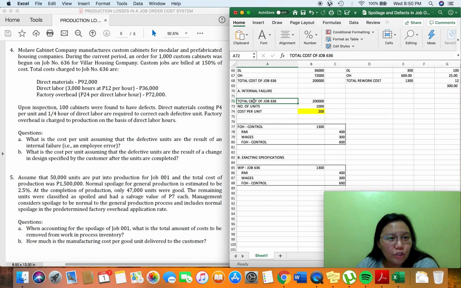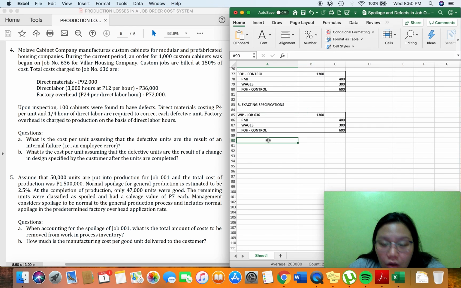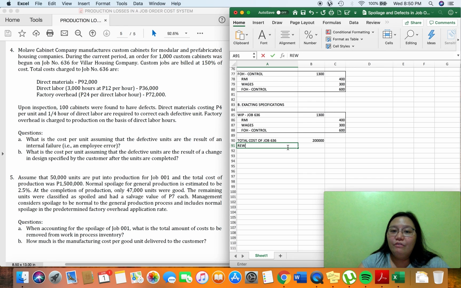So, how will this affect the total cost, di ba? Actually tinatanong pa rin pala cost per unit, di ba? Cost per unit. So, if that is the case, we have to copy the total cost of job 636 before any rework, and then we have to add the rework cost. Okay? So, why do you need to add the rework cost? Again, based on the entry we prepared, we debit the work in process job 636 account.